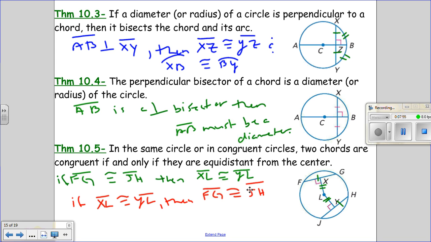So on that case, on 10.5, it has to be true forwards and backwards. For 10.3 and 10.4, there was only one way to say it. So if chords are the same distance away from the center, then they're going to have the same measure. So the distance from the center was represented by XL and XY.